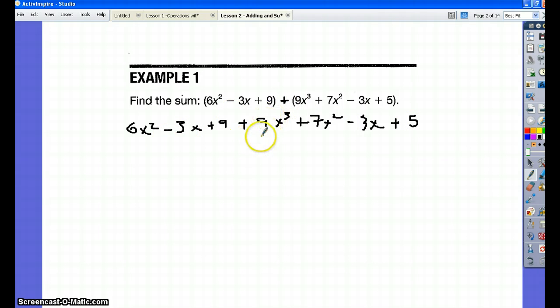So I like to start with the highest order variable. So 9x cubed. There's not any other x cubes. That's the only one. Plus, let's see, squared is the next highest one. So x to the second power. So there's this one and that one. So 6x squared plus 7x squared is simply 13x squared.